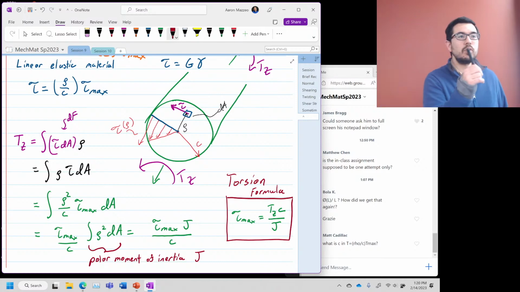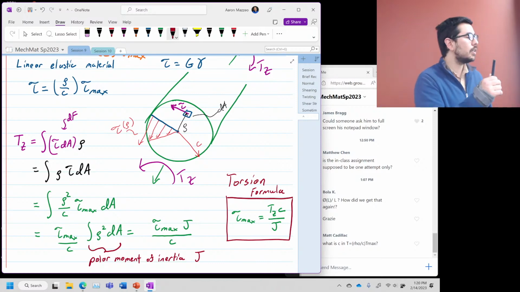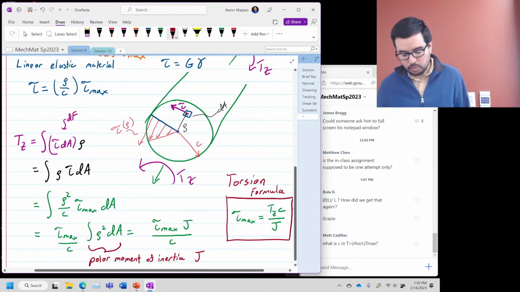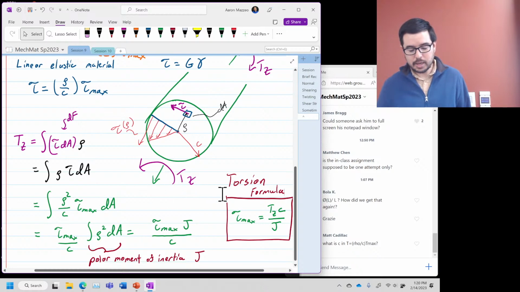So with this equation, we now have a way of relating the torque that's being applied internally on a shaft to the maximum shear stress. And in New Jersey, I often refer to this equation as the TC&J equation.